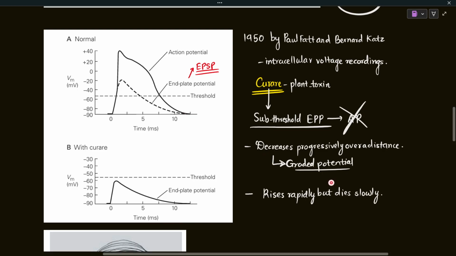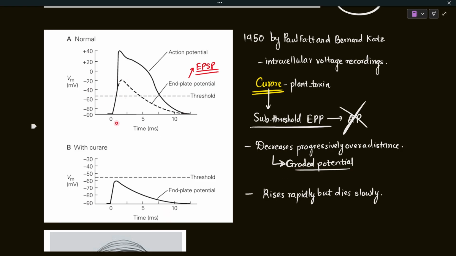So the conduction was passive conduction. It is not maintained actively by opening voltage gated ion channels. That happens in the case of action potential, and that is why we are referring to this as a graded potential.